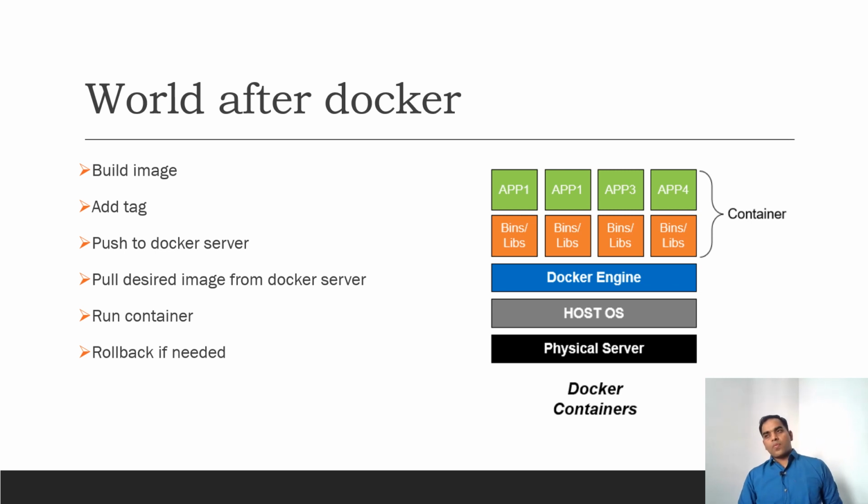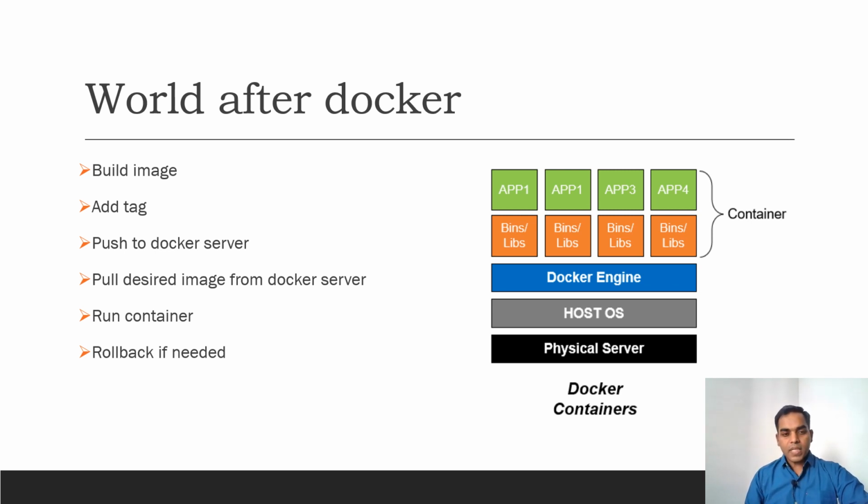Now, what happened post Docker? We create an image from our application, and that image encapsulates our source code, supporting files and configuration, everything, in one package. That is called building the image, and it is done through a command, so you are not doing anything manually.